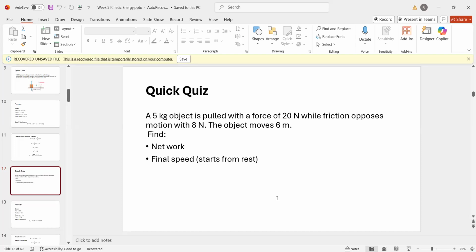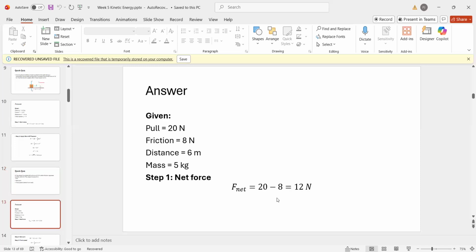All right, let's do it together. So what is given? The applied force and the frictional force, the distance traveled, and the mass. So the net force: you are applying the force, pulling the object, and there is a friction.